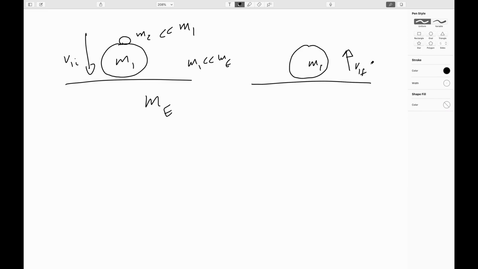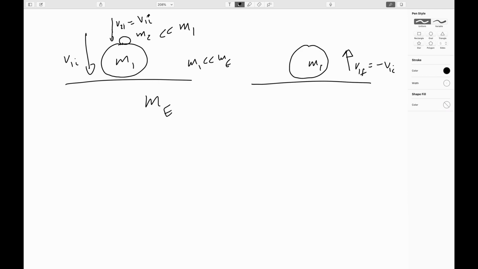The speed of the basketball after the collision will be minus V1 initial. So in other words, you're going up at the same speed you went down. But here's the deal. So is the super ball, right? V2 initial equaled V1 initial. So the super ball was going down at V1 initial.